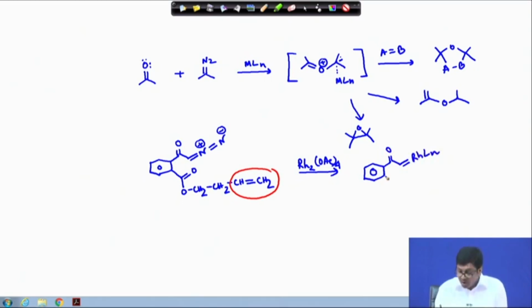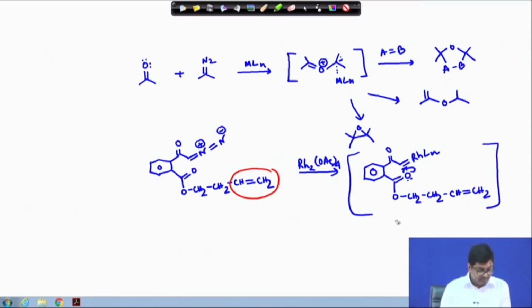Once you have generated this, then you have this oxygen lone pair over here. That can react over here, and once it reacts, obviously that will form the ylide.